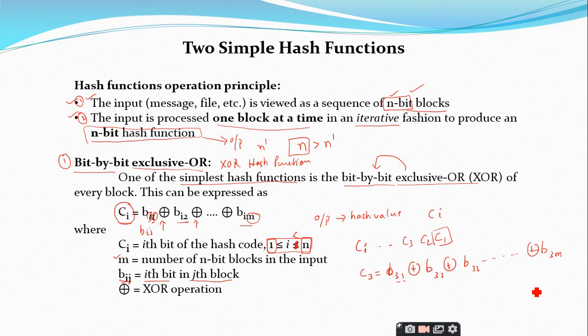This symbol represents the XOR operation, exclusive OR operation. This is how you generate the hash value, by making use of the bit by bit exclusive OR operation. You can take this as a very simple, but somewhat insecure hash function.